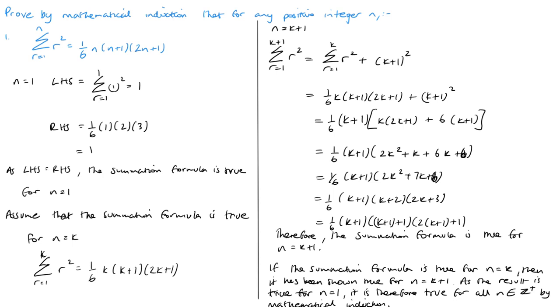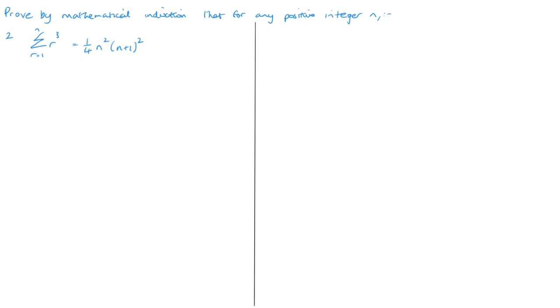Right, let's have a look at question 2. So r cubed, now start with n equals 1, left hand side, so that equals 1. I'll put the right hand side here this time.